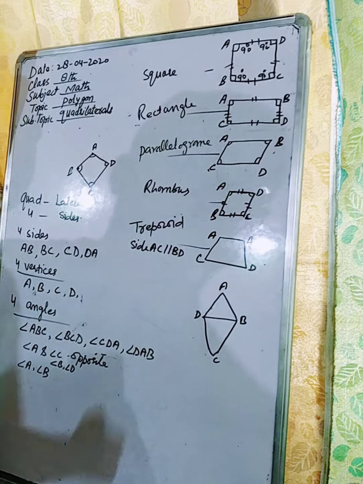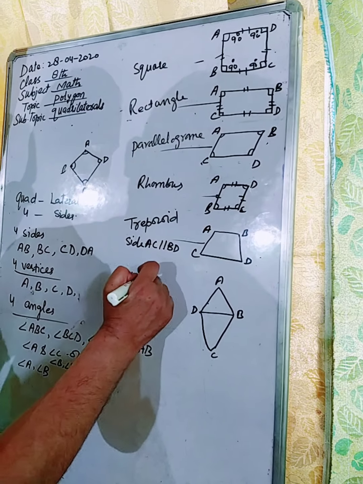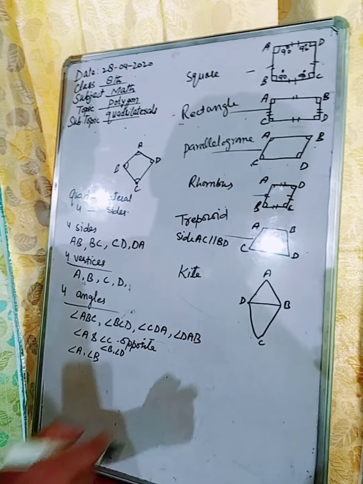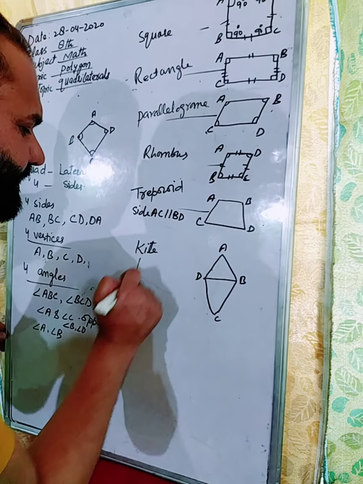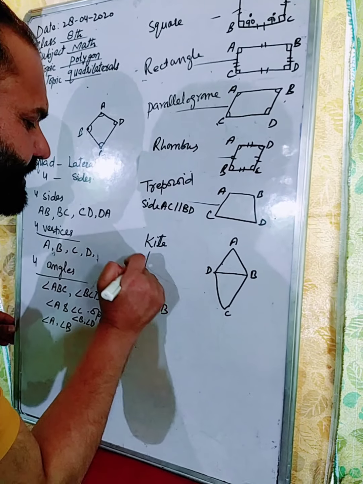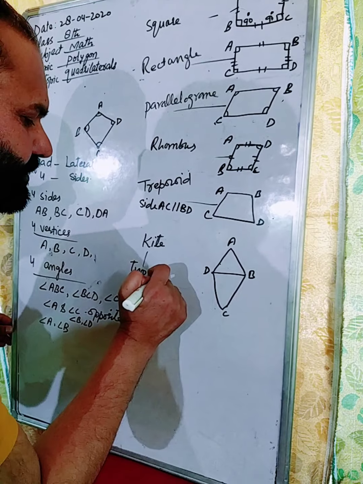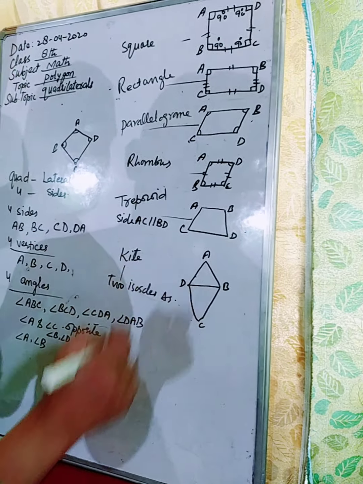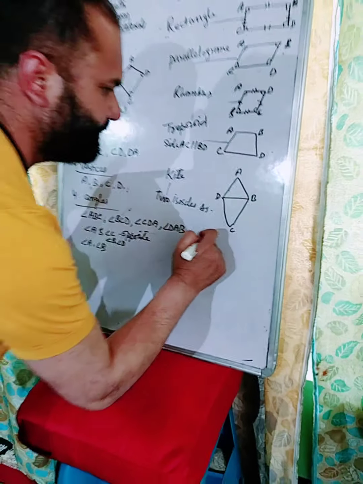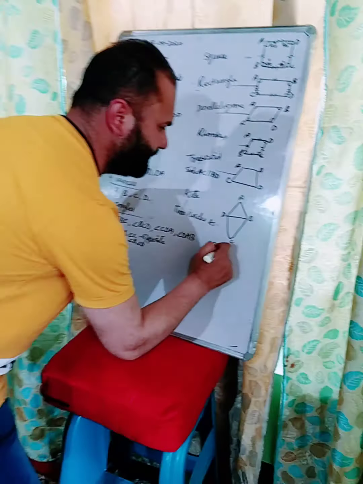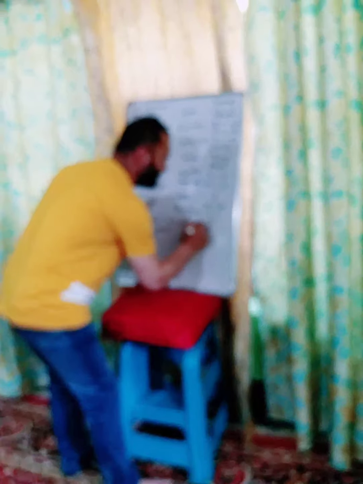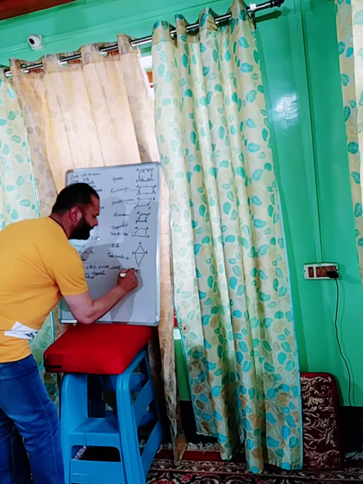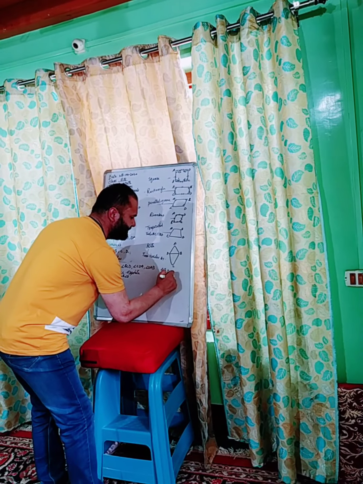And this is called a kite. A kite is formed by two isosceles triangles. Here, triangle ADB and triangle CBD.